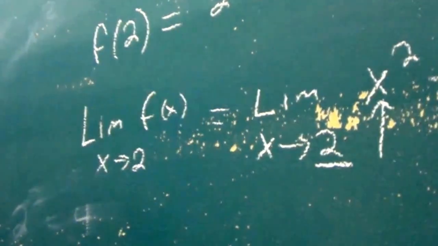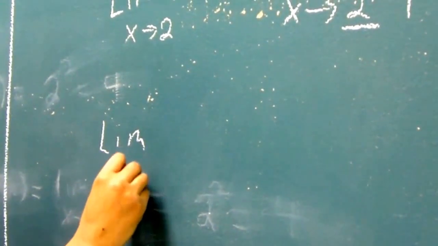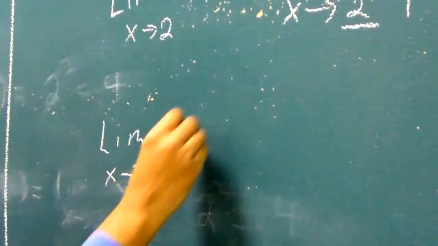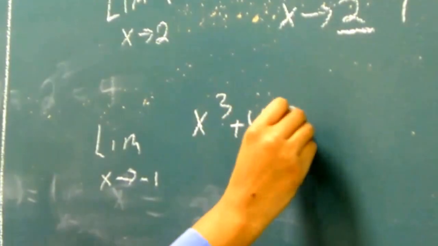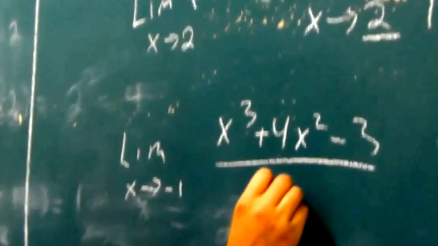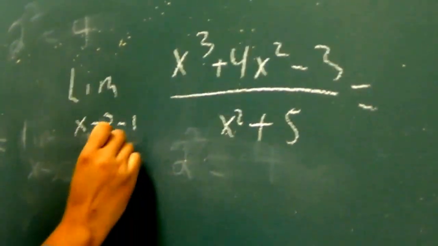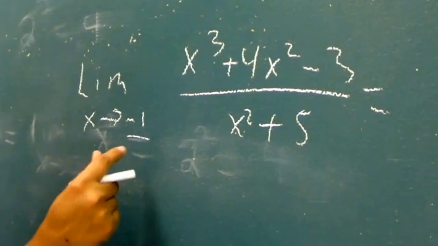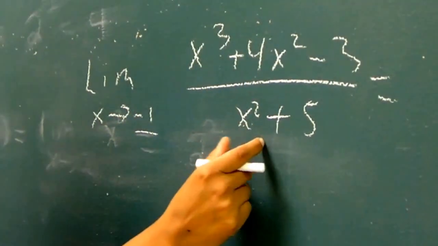We have another example. We have the limit as x is approaching -1 of x cubed plus 4x squared minus 3 divided by x squared plus 5. So we have our value of x is -1, and the only thing we have to do is substitute this -1 on every x in the function.